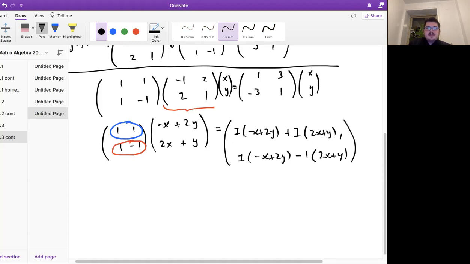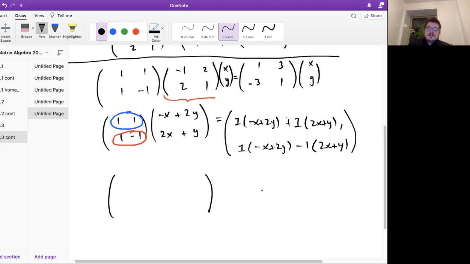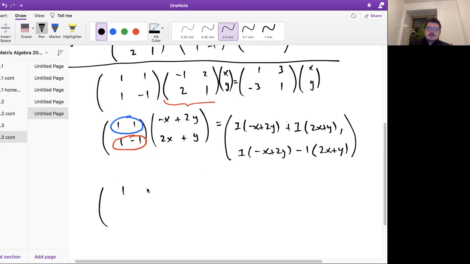So if you think about it, in the composition, let's rewrite it like this.